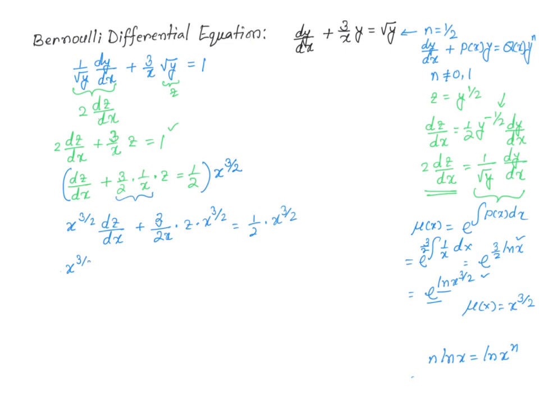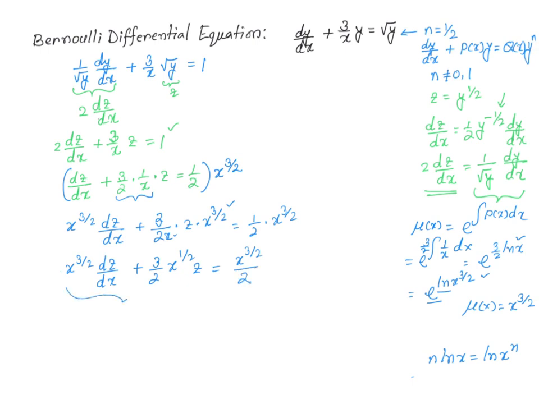x to the power 3 over 2 dz over dx plus, I kind of don't need to simplify it, but let me go ahead and do it. This is going to be 3 over 2 times x to the power 1/2, because x to the power 3/2 divided by x is x to the power 1/2, times z is equal to x to the power 3 over 2 over 2.